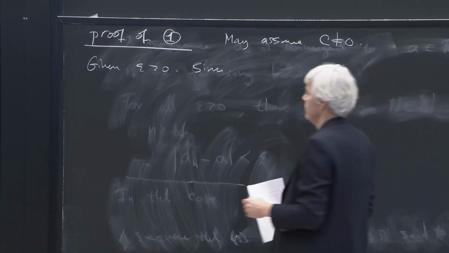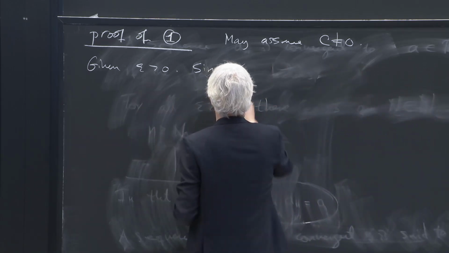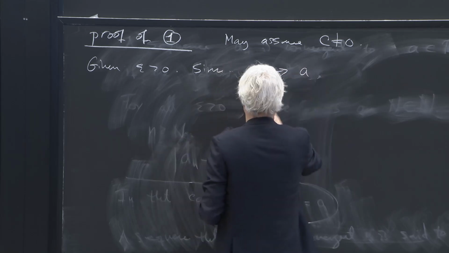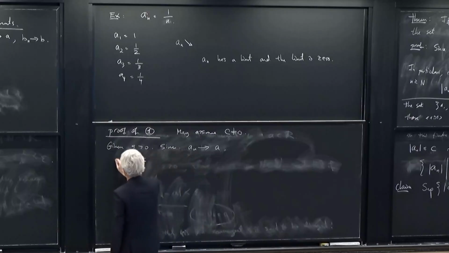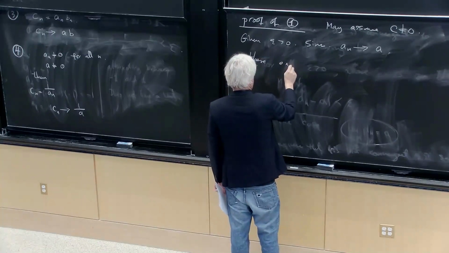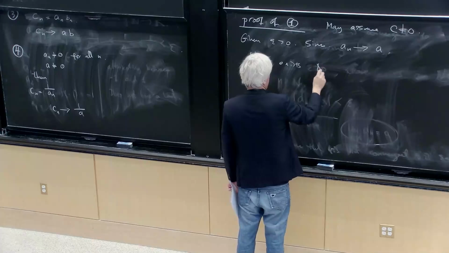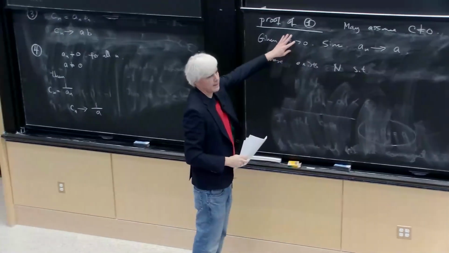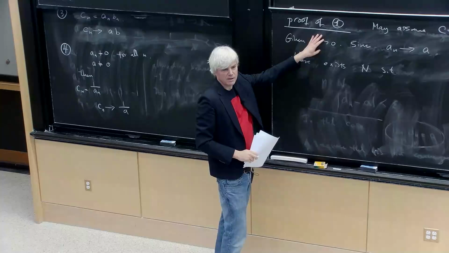So now, given epsilon greater than 0, since this sequence a_n is converging to A, this means that there exists N such that, and now I'm not going to use that epsilon. You gave me that epsilon.